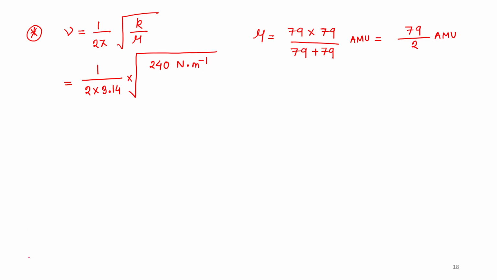Another way to write Newton meter inverse is kg second to the power minus 2. Why have I written it like that? Because I know that I will need the thing in kg.